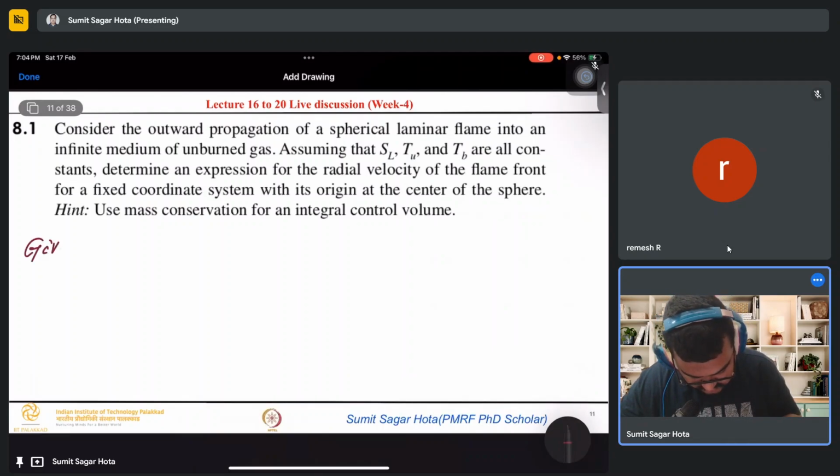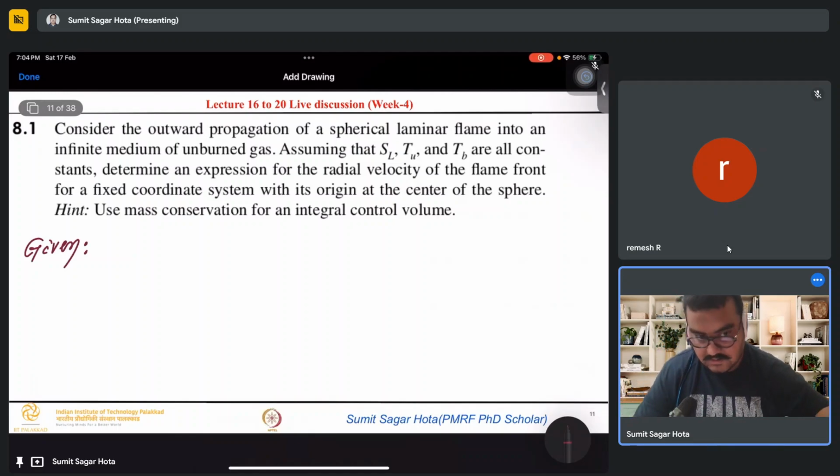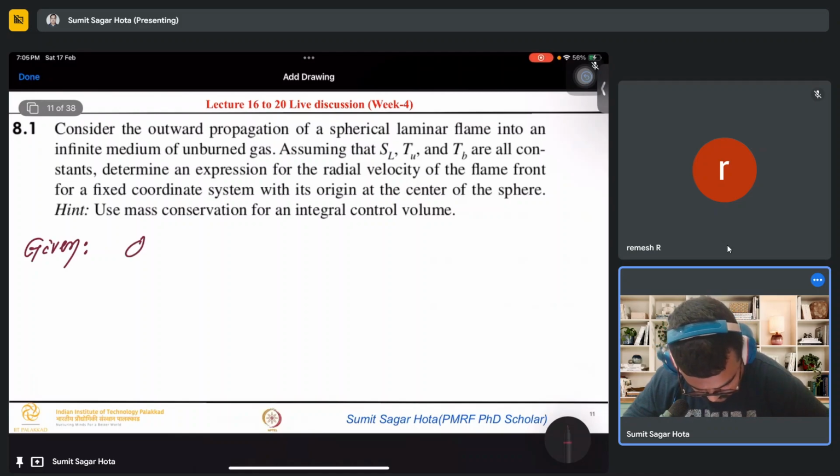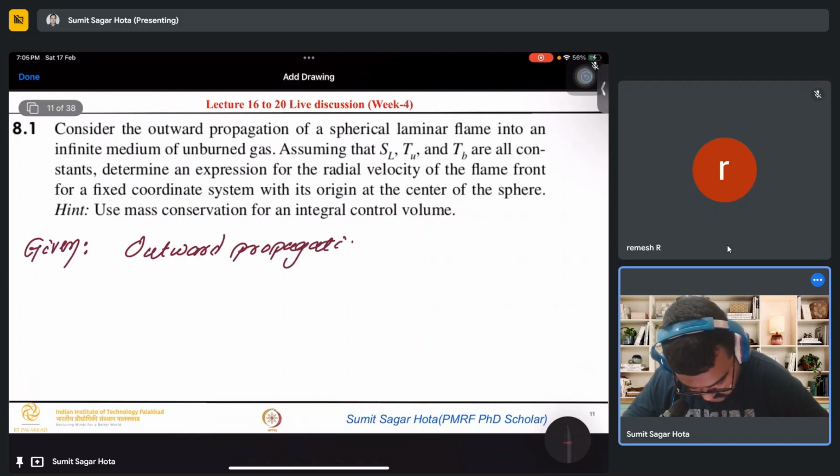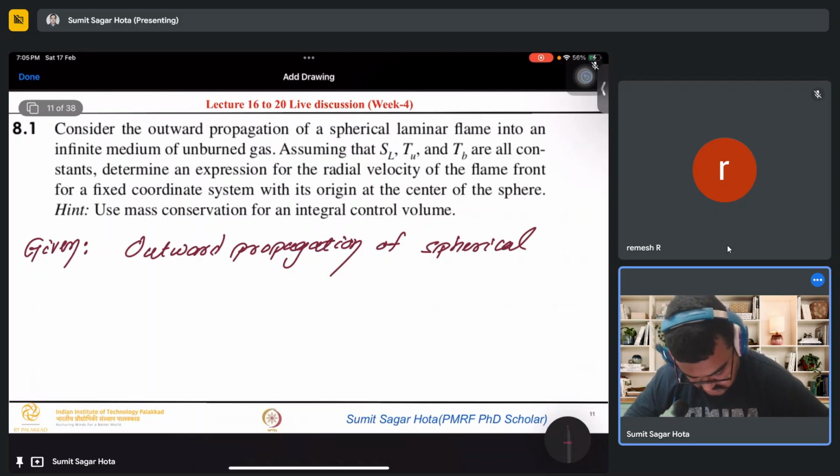What is given? Outward propagation of a spherical laminar flame.